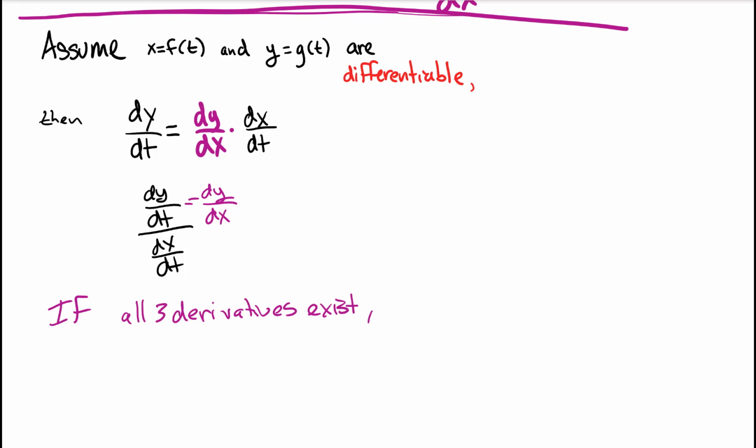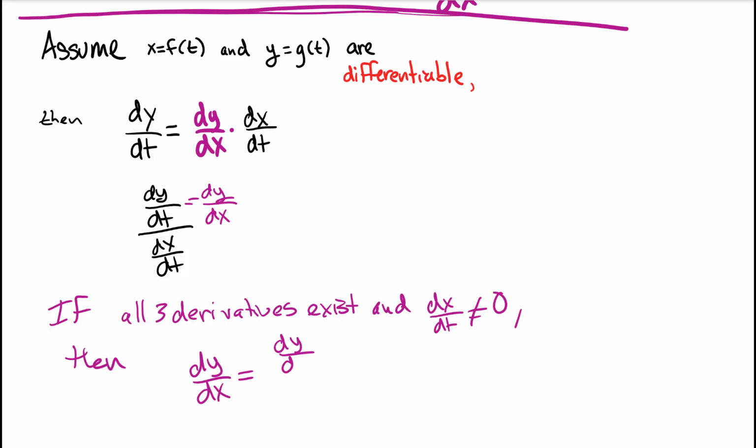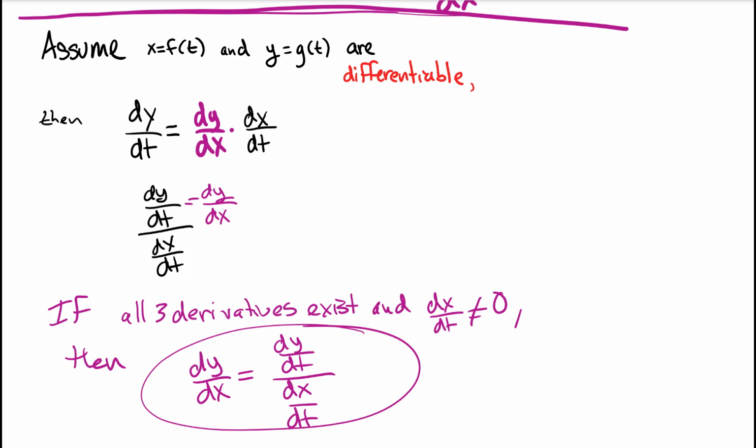There's this thing that, oh man, oh yeah, and make sure that dx over dt doesn't equal 0. I mean, don't divide by 0. Then we could say that dy/dx is just equal to the derivative of y with respect to t divided by the derivative of x with respect to t. And there we go.